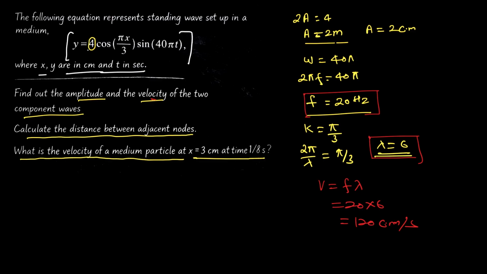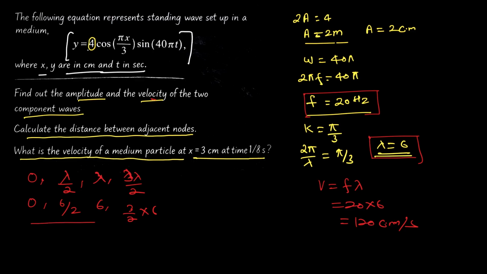Now calculate the distance between adjacent nodes, meaning the node positions. The first node will be at 0, the second at lambda by 2, the third at lambda, then 3 lambda by 2 and so on. Lambda is 6, so the positions are 0, 6 by 2, 6, then 3 by 2 into 6.